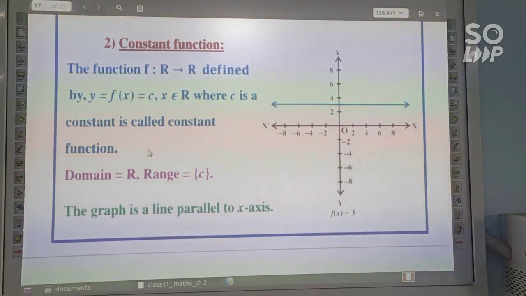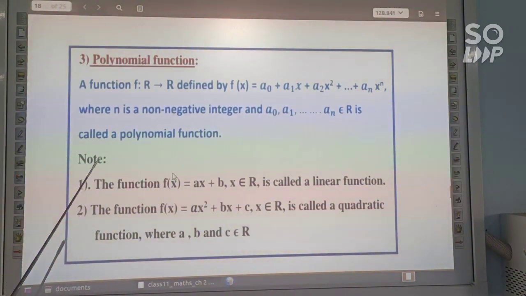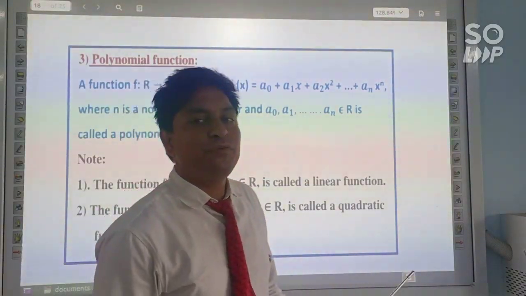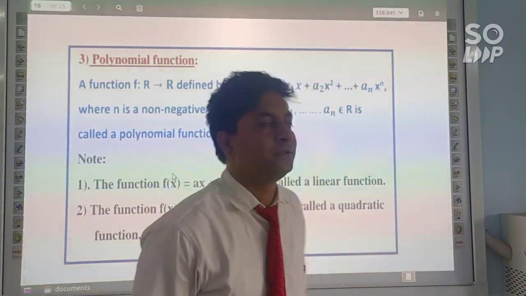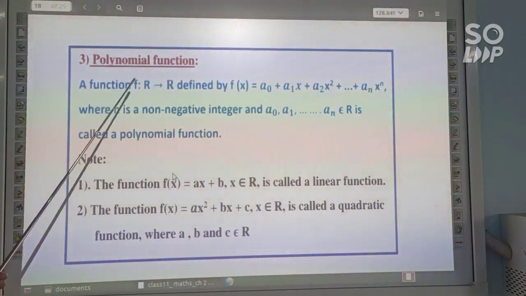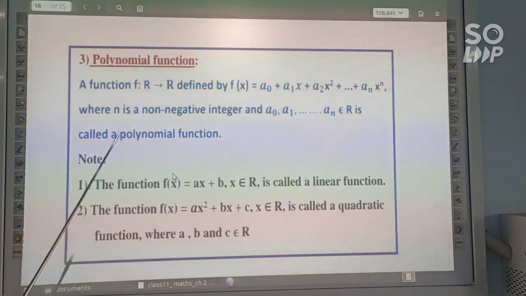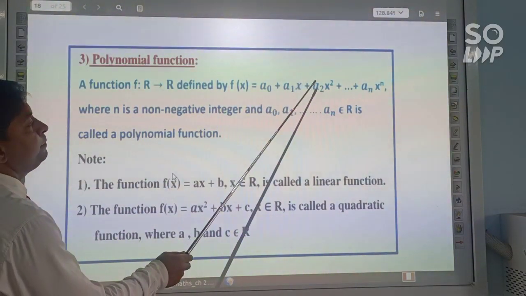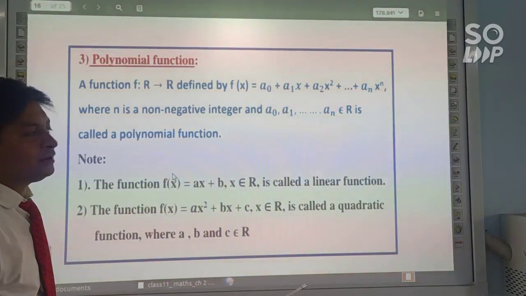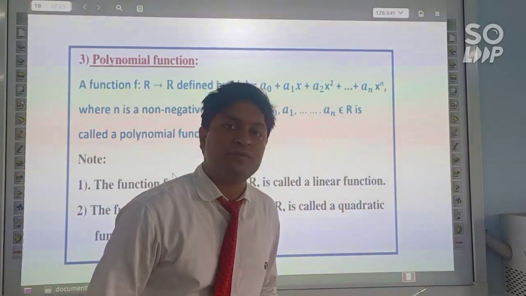Now the next is the polynomial function. We know what the meaning of polynomial is. A function f: R to R defined by f of x equal to a0 plus a1 x plus a2 x square plus, up to the last term, an x power n.